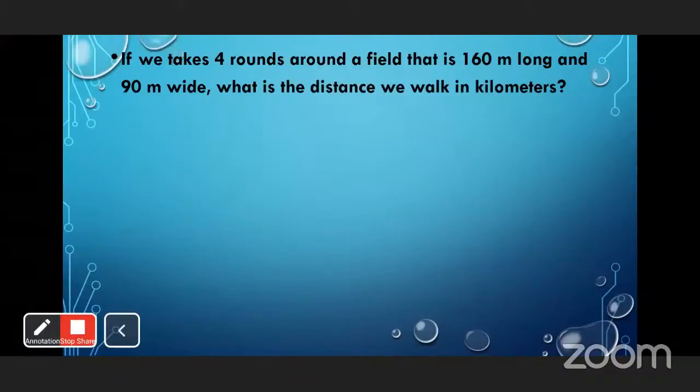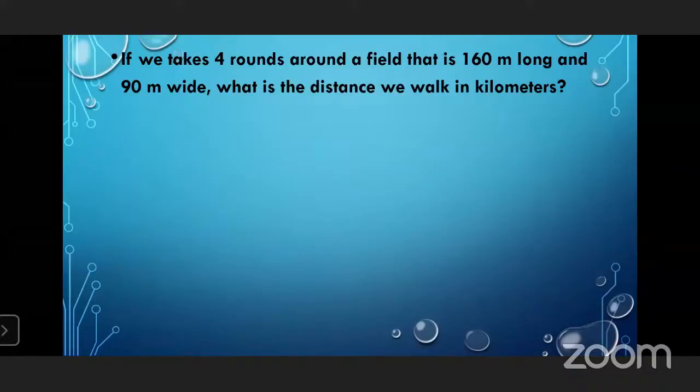Now read this one. Read the problem. Sir, can I read? Yes. If we take 4 rounds of a field that is 160 meter long and 90 meter wide, what is the distance we walk in kilometers?